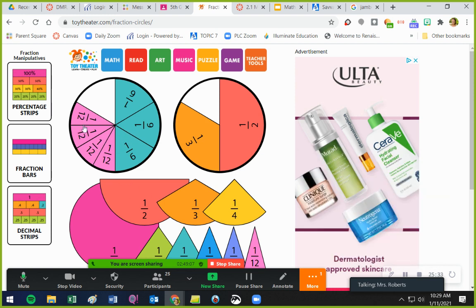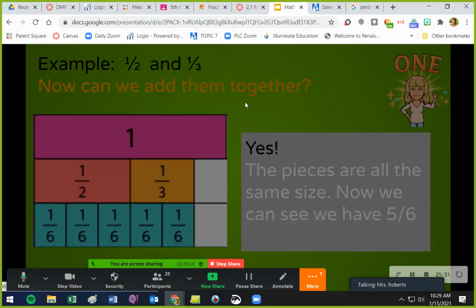That's going to matter because they're different sizes, right? I couldn't just say Colton got 1 piece and Emily got 1 piece, so they got the same. Well, they're different. So I have to make sure that they are the same size pieces before I can add them together. Okay? I promise the more examples we do, I think this will make more sense.